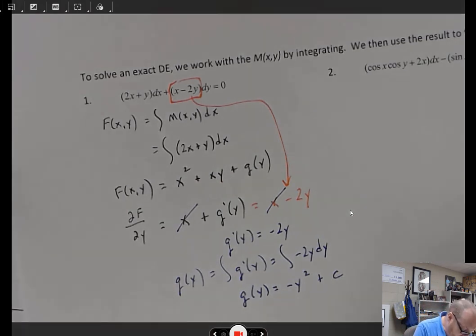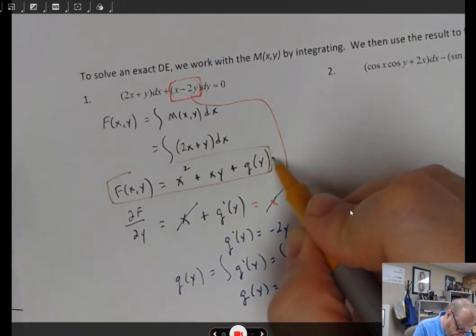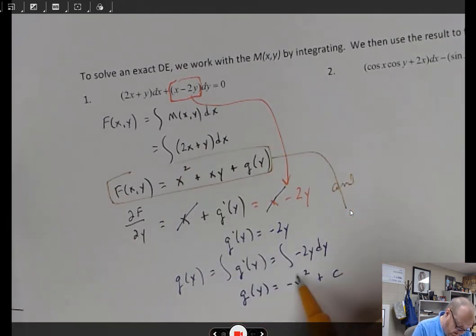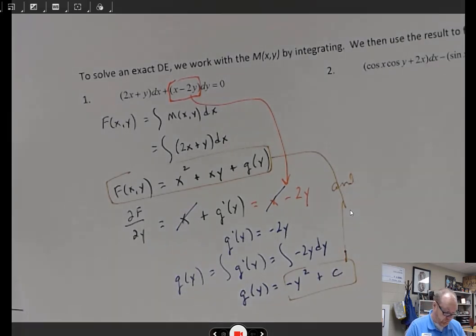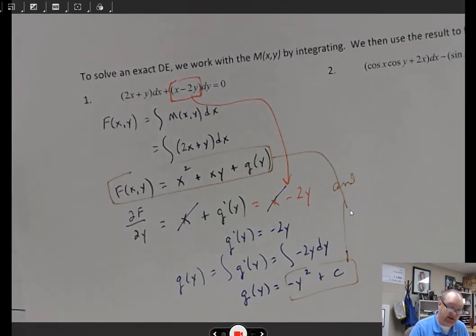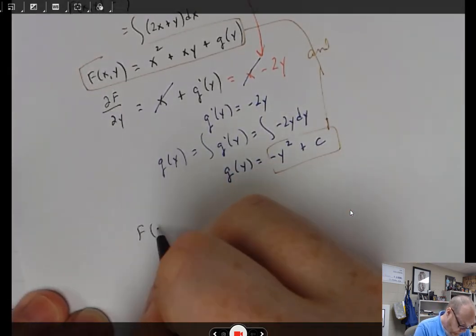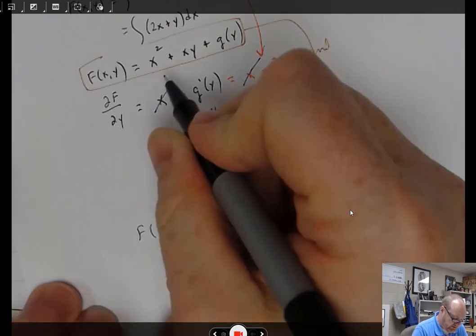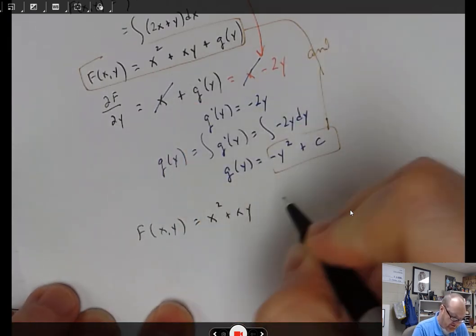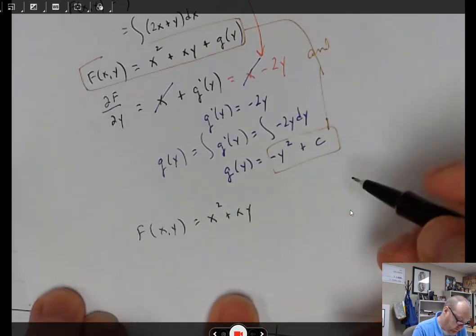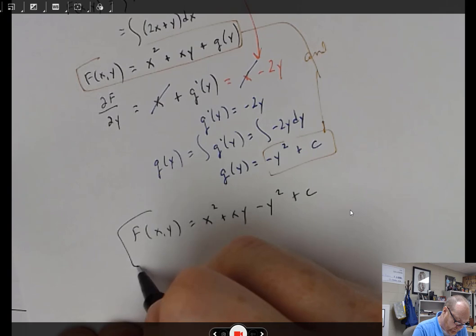So together, this piece and this piece make up the function that I want. My answer looks like everything in the F function, x squared plus xy, plus the g of y, which is down here, which looks like minus y squared plus c.